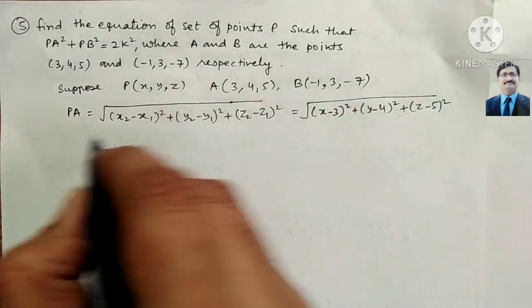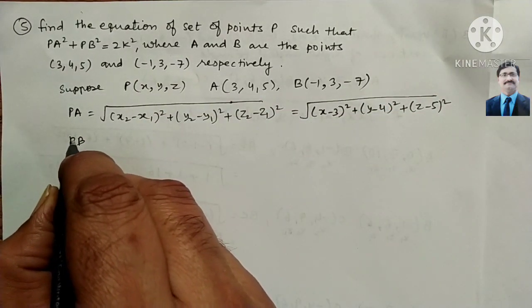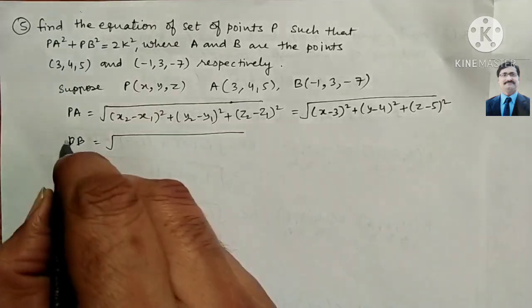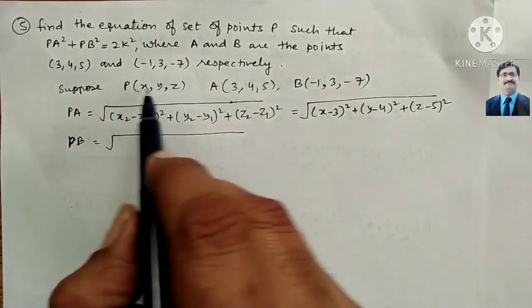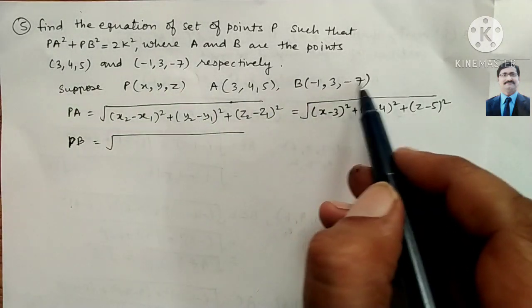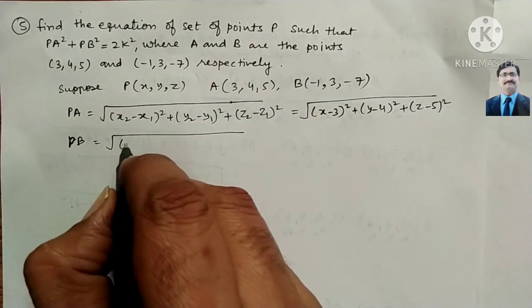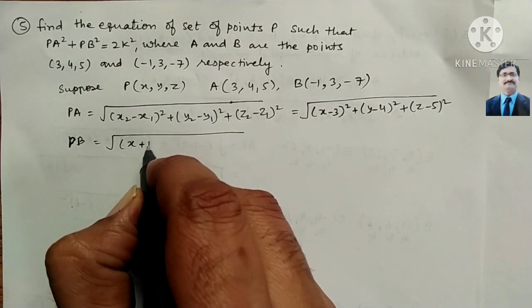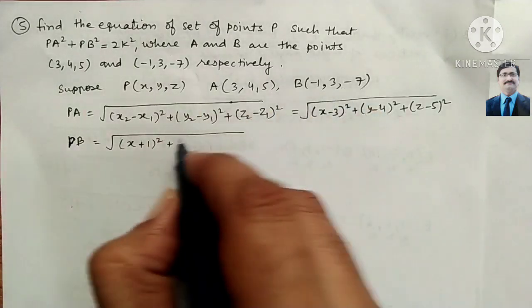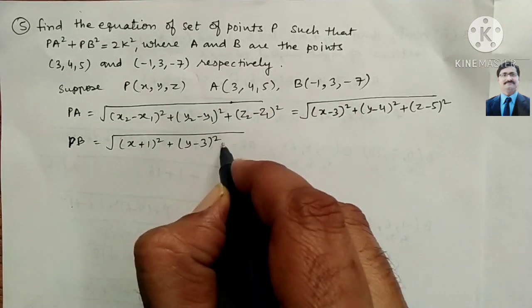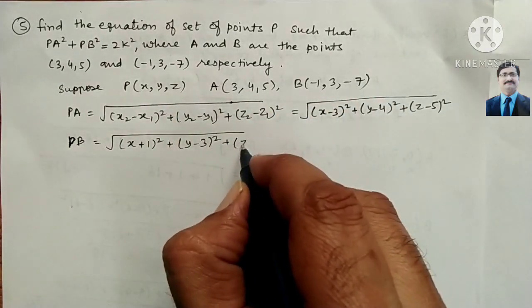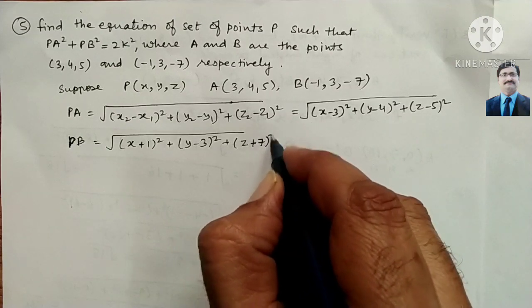Similarly, we find PB. So PB will be equal to, this is x2, y2, z2 and this is x1, y1, z1. So we get (x plus 1) square and (y minus 3) whole square plus (z minus 7), which means we can write (z plus 7) whole square.